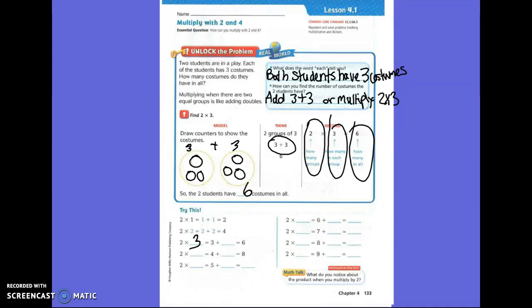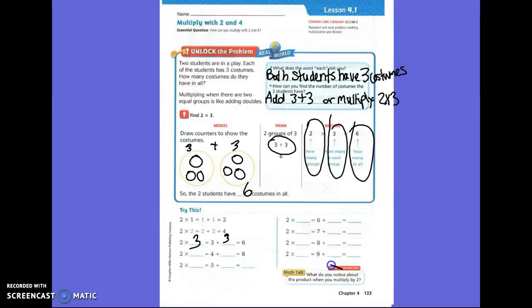When you multiply by 2, you're just doubling the other factor that you are multiplying by 2. So you're just doing double stack for addition. So 2 times 3 is just adding 3 2 times, and 3 plus 3 is 6.